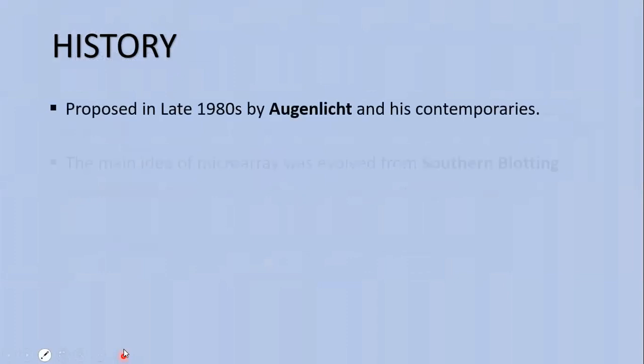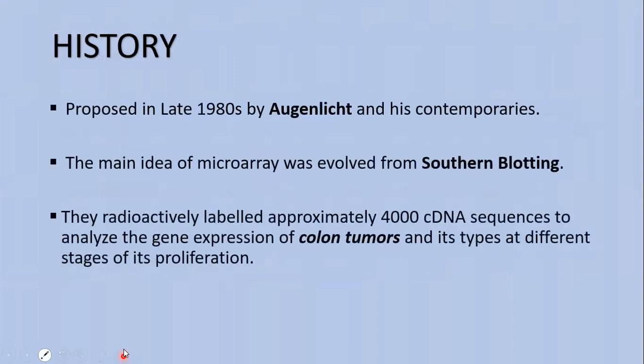Where did it all start? DNA microarray technology evolved from Southern blotting. The concept of microarrays was first proposed in the 1980s by Eugen Litt and his colleagues. They spotted 4,000 complementary DNA sequences on nitrocellulose membranes and used radioactive labeling to analyze differences in gene expression patterns among different types of colon tumors, and that too in various stages of malignancy.